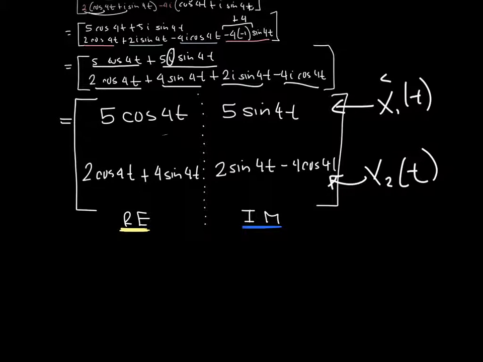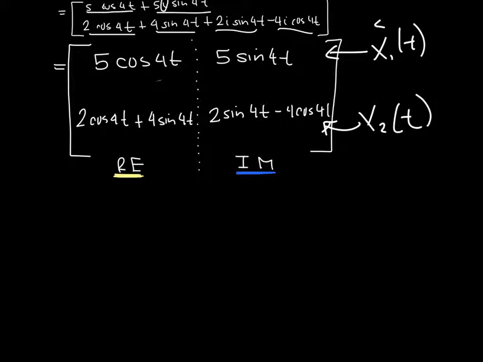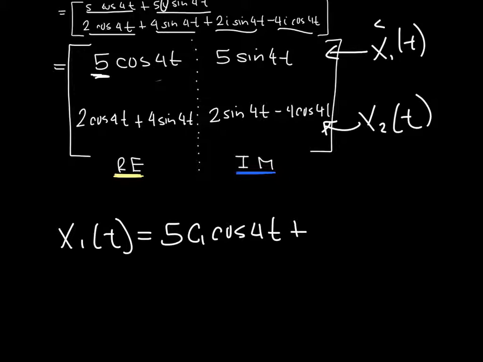We want a general solution, so we need some arbitrary constants. We have x1 of t equals c1 times this guy, 5 cosine 4t, plus c2 times 5 sine 4t.